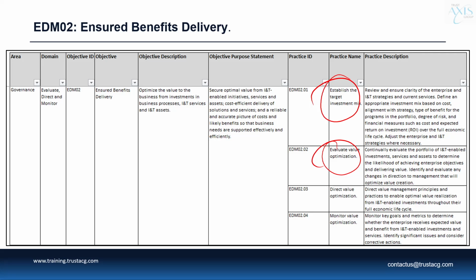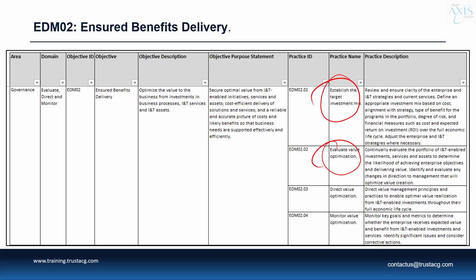So it ensures that strategic alignment, performance, and benefit realization are consistently reviewed and optimized. So what you are trying to do is, for any investments made in the IT enabled transformation program, assess and evaluate whether it is delivering the outcome.